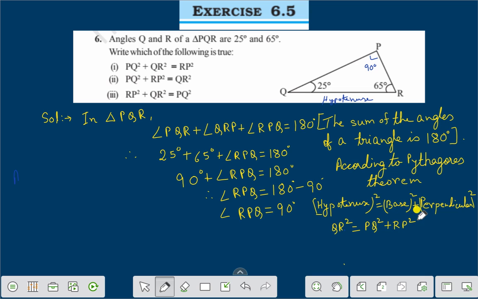Hypotenuse is QR, so QR square is equal to PQ square plus RP square. That means this one is true.